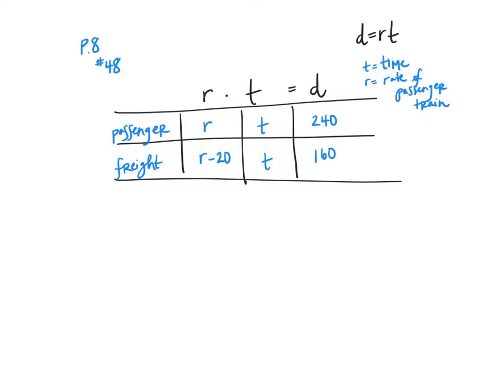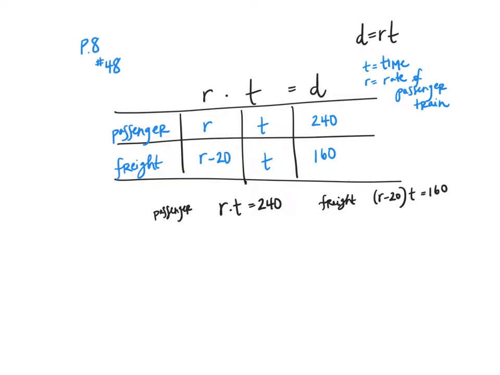I like to do it this way because you can pretty much solve any distance problem if you can organize the data. So then I just set up my equations. The first equation is R times T equals 240. The second equation, because that's from the passenger, the second equation is from the freight, and that is R minus 20, that quantity, times T equals 160.